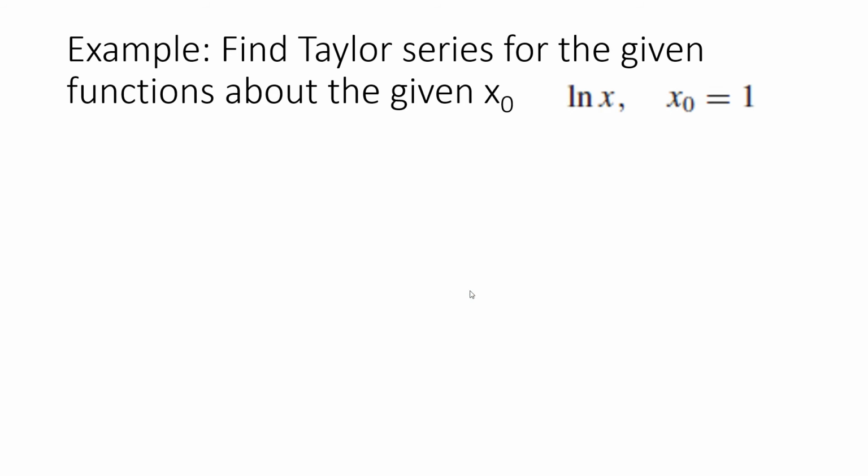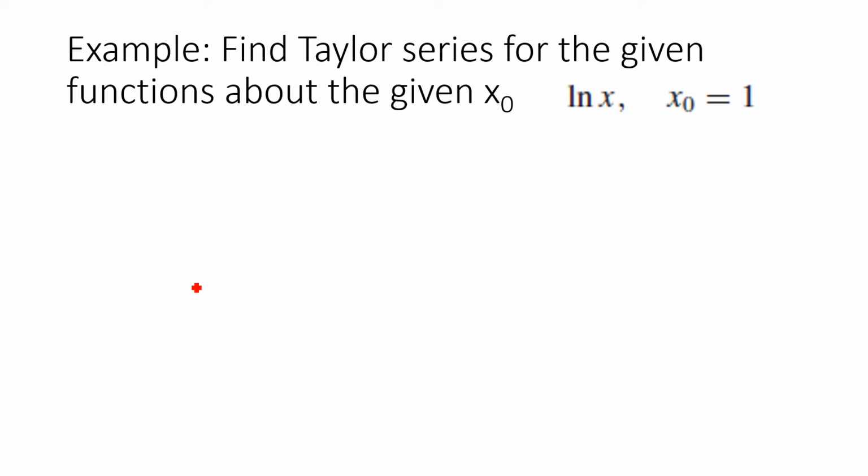The same instruction, but in this case, we have the natural logarithm of x, where x sub 0 equals 1. So we begin with the Maclaurin series for the natural logarithm of the quantity 1 plus x.